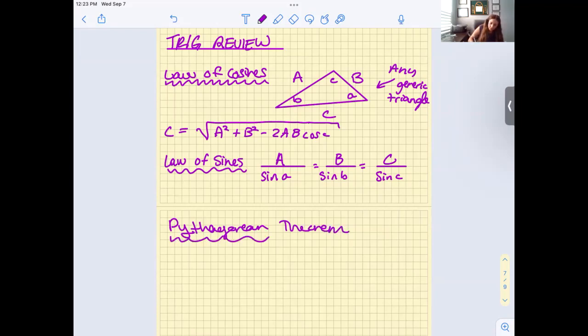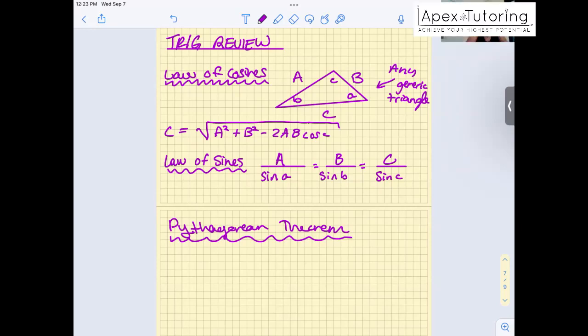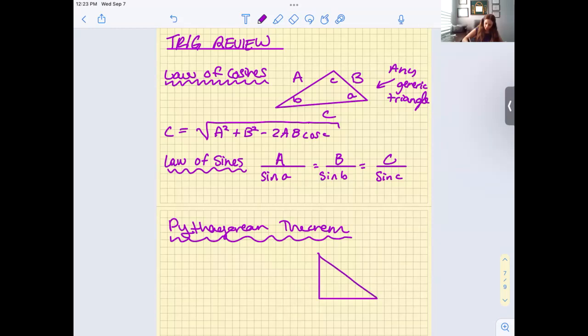What triangle does the Pythagorean theorem apply to? A right triangle. Only a right triangle. So we'll draw ourselves a right triangle here. Still, this is side A, this is little angle A, side B, little angle B, and side C. For the Pythagorean theorem, it must be a right triangle.